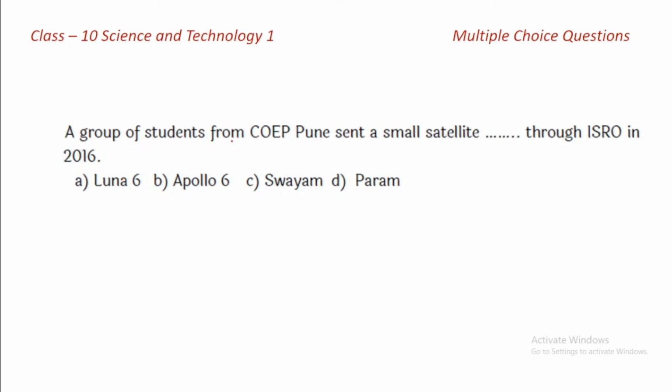A group of students from COEP Pune sent a small satellite dot dot through ISRO in 2016. Options are Luna 6, Apollo 6, Swayam, or Param. Option C is the correct alternative for this question. A group of students from COEP Pune sent a small satellite Swayam through ISRO in 2016.